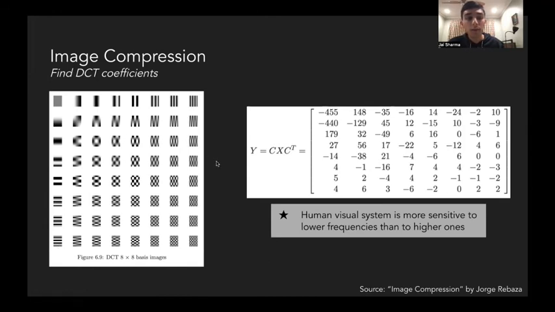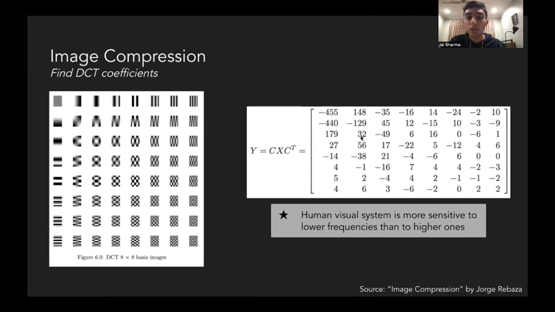The theory is that these 64 basis images can represent any 8x8 grid. And you can find the coefficients for that linear combination using this method right here, which I won't get into too much, but there is a method in the discrete cosine transform for that.